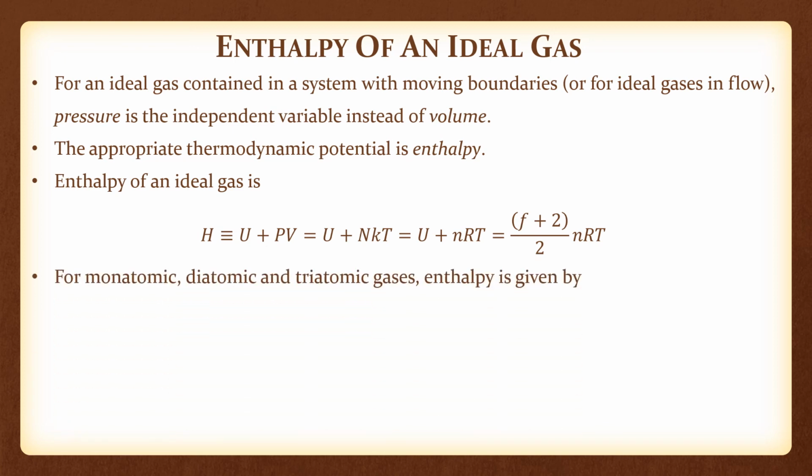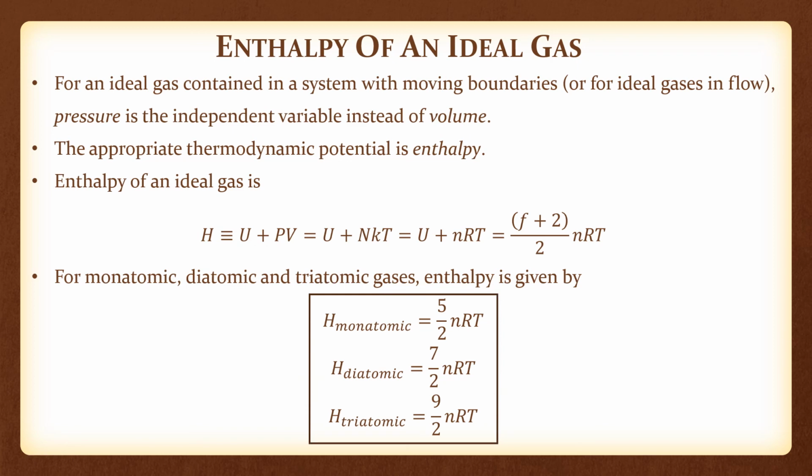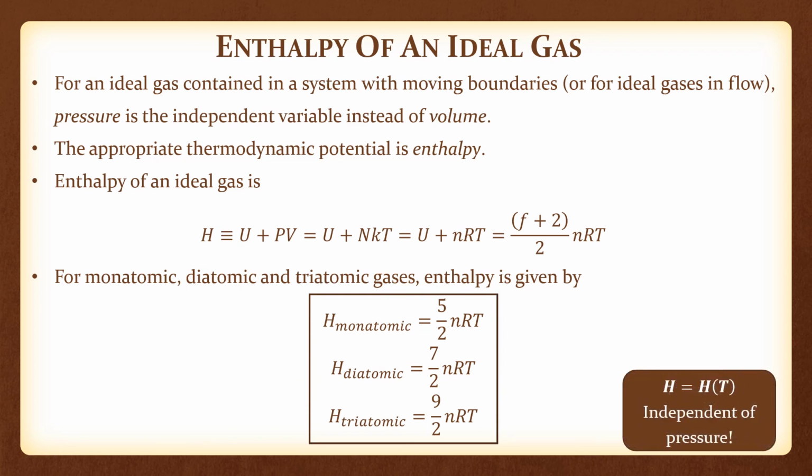So for monatomic ideal gas 5 by 2 nRT, diatomic ideal gas 7 by 2 nRT, and triatomic ideal gas 9 by 2 nRT. And we again see that enthalpy is also a function of only temperature for an ideal gas.